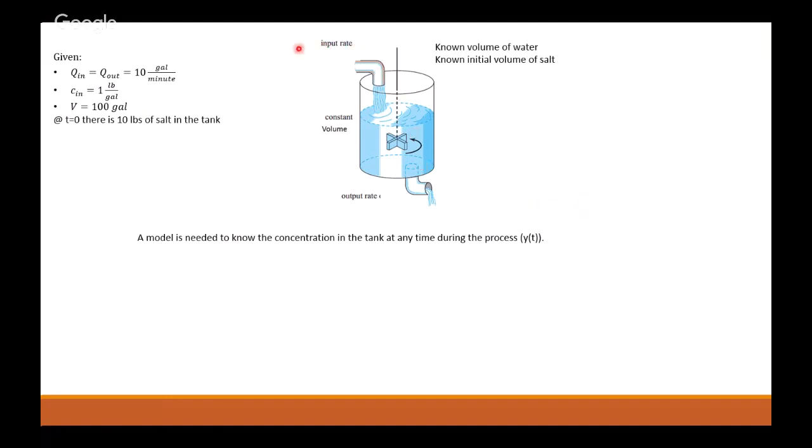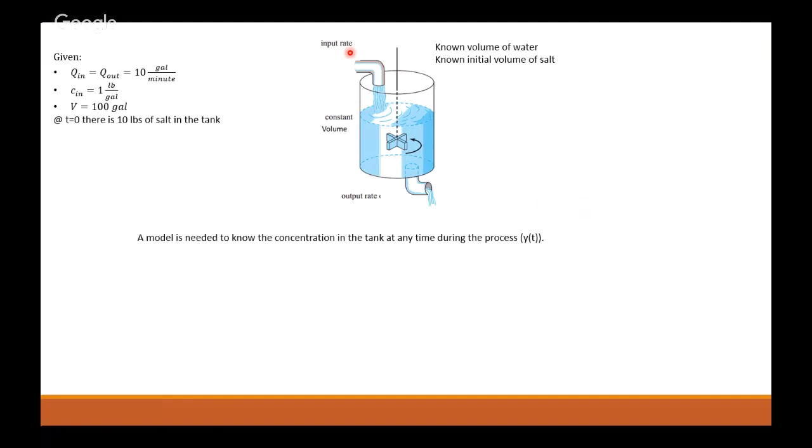You also have a known concentration, and you've got a known flow rate going in and a flow rate going out. Now, this concentration that's going into the tank is very important because this lets you know not just how fast you're putting fluid into the tank, but how much of that fluid is the substance you're concerned with.